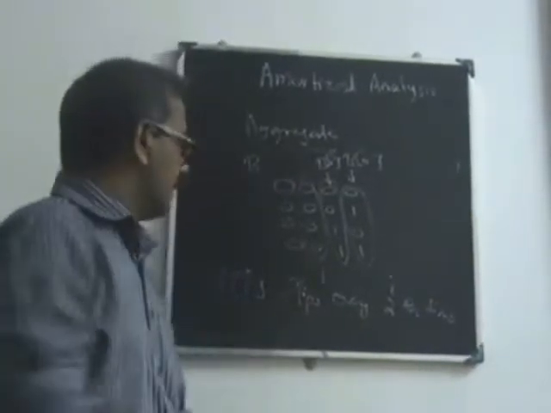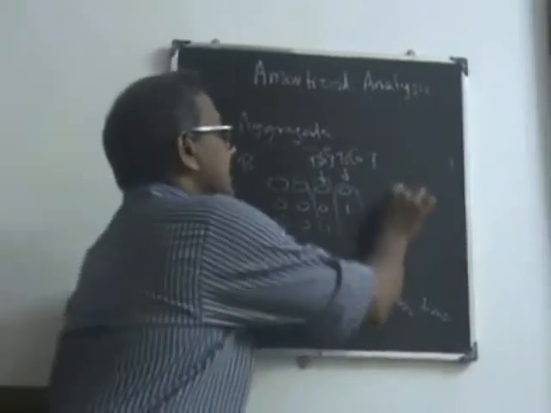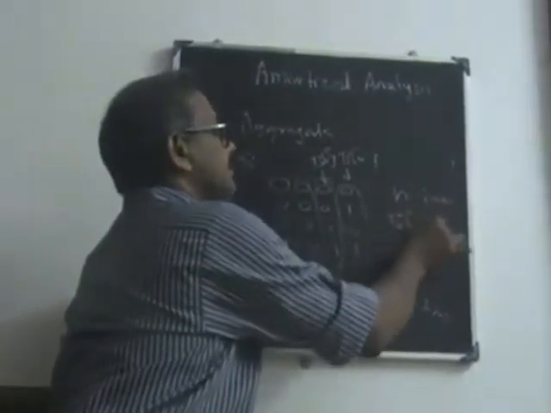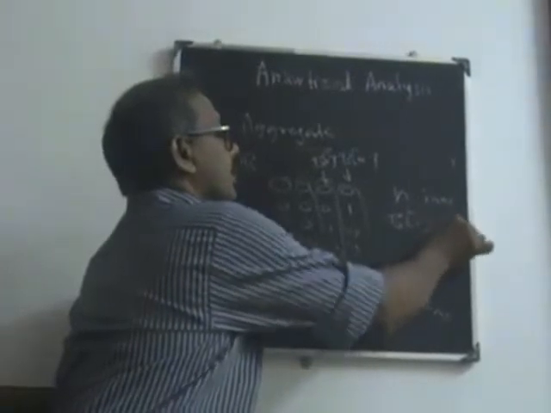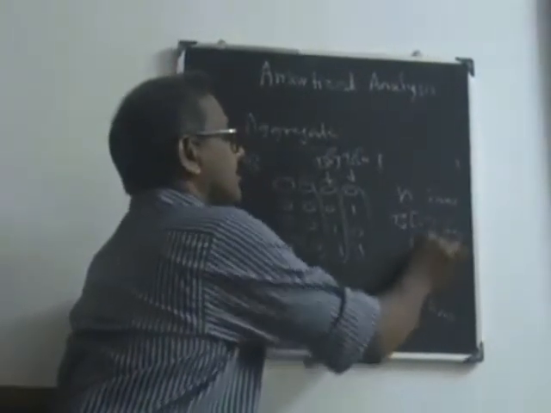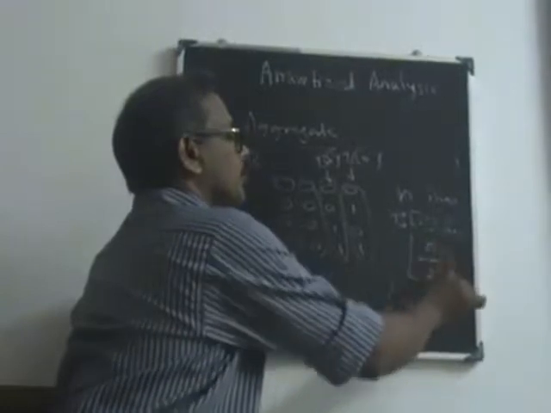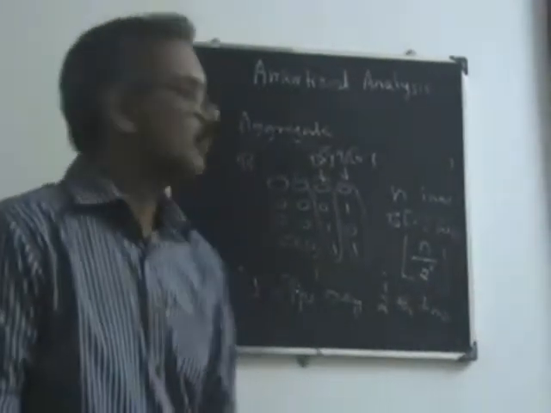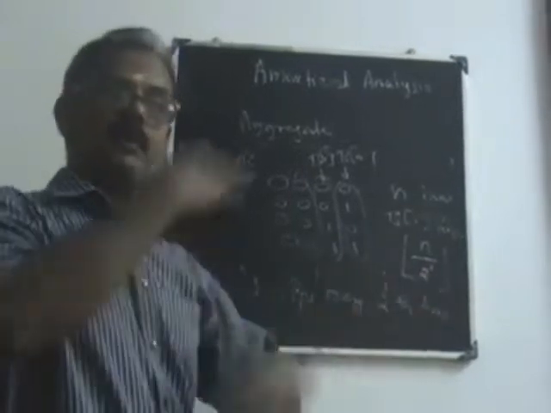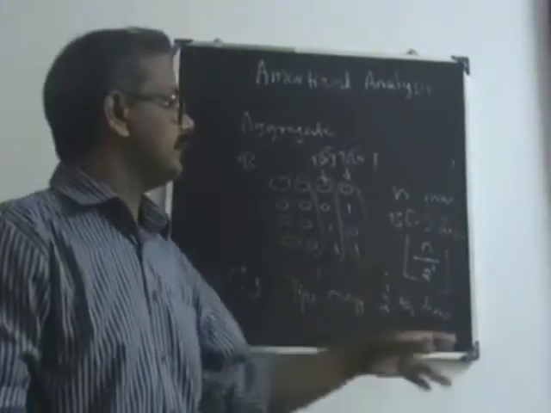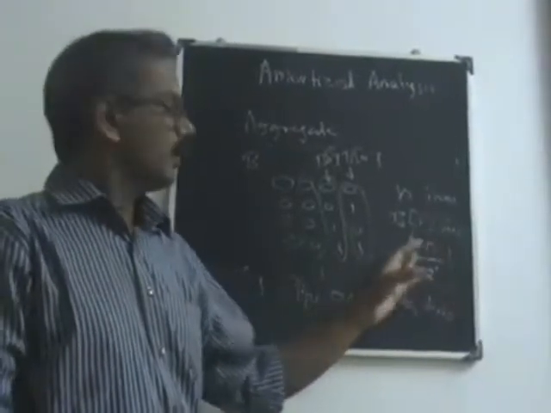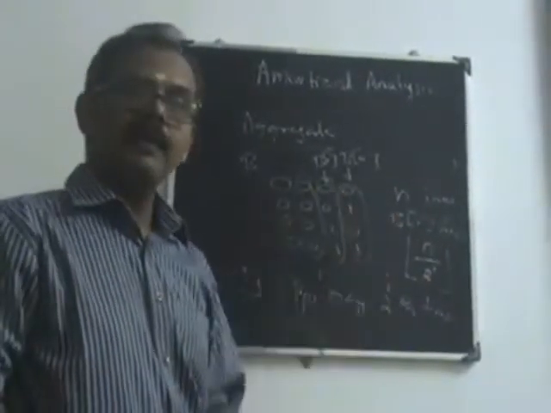Therefore, out of the n increments, Bi flips floor of n by 2 power i times. Out of all n increments, the i-th bit will be flipped floor of n by 2 power i times.